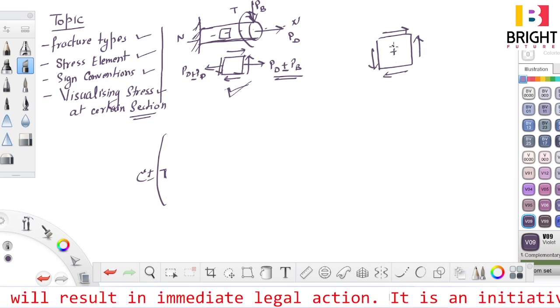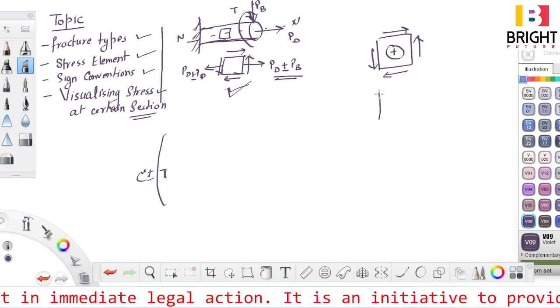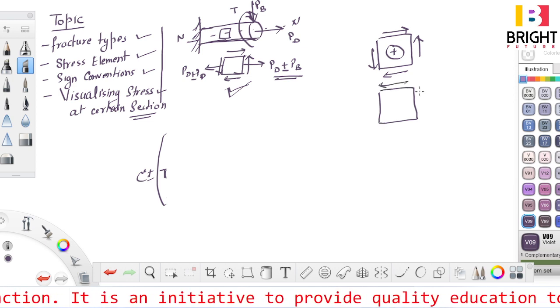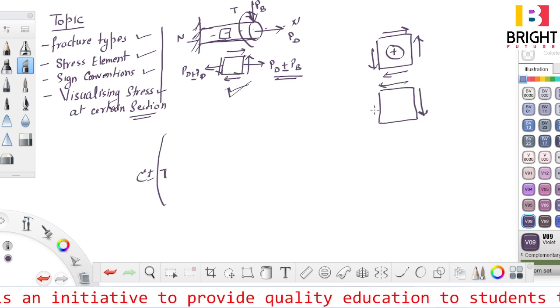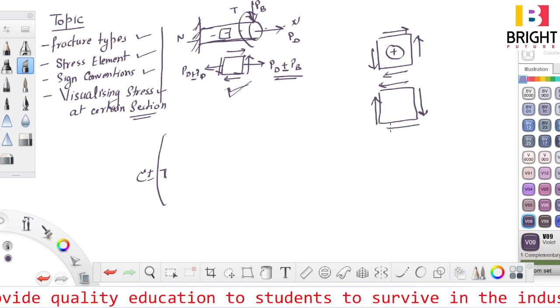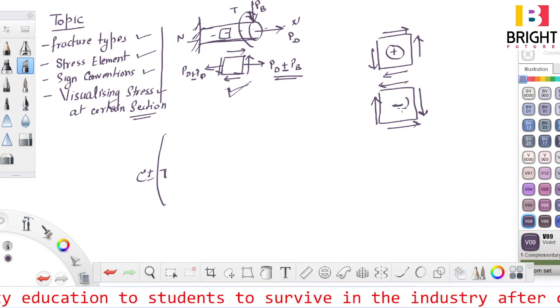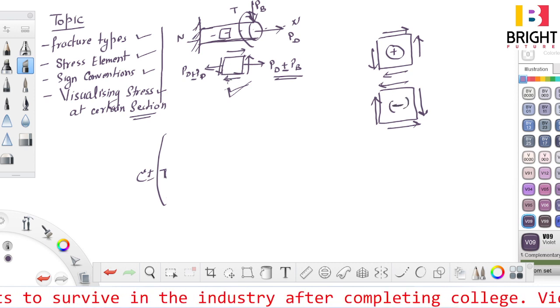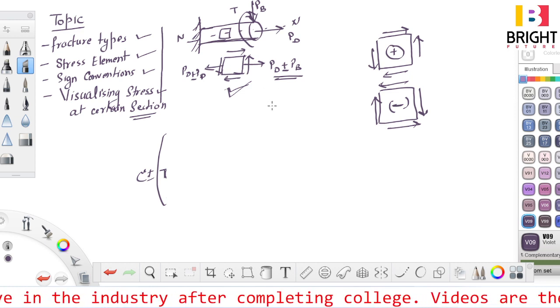And if both are coming away from one another like this, right, then this is a negative stress element. These are the sign conventions. You can choose your own sign convention also.